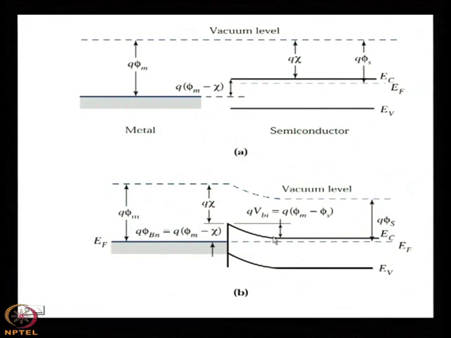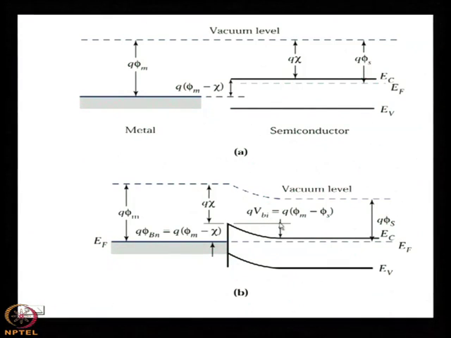And if one electron moves from the semiconductor to the metal side, how much energy is required? It is V B I, that is the built in potential, that we have discussed in case of p-n junction also. So, these are the two things which are very important.